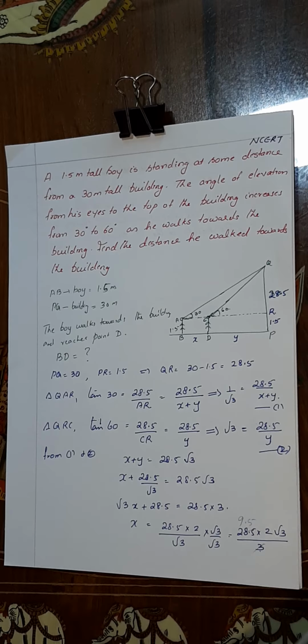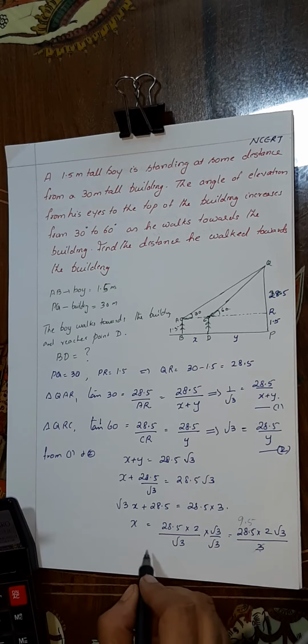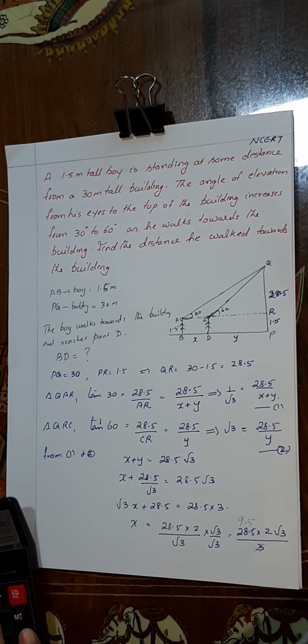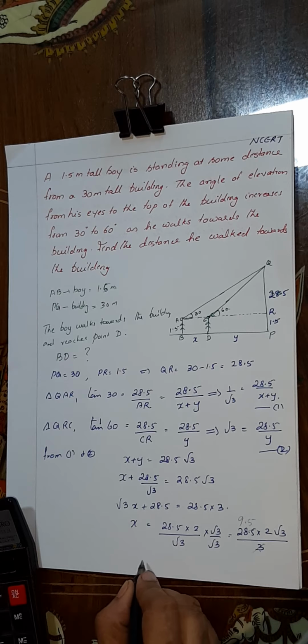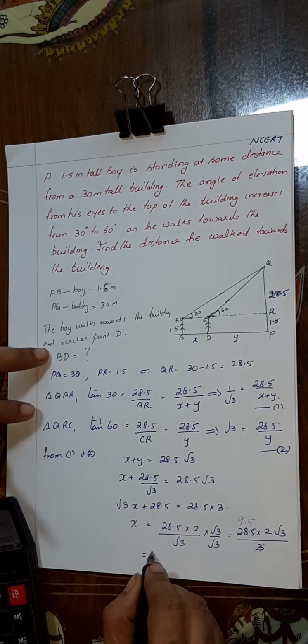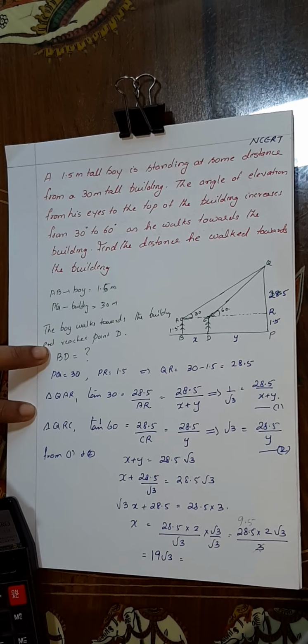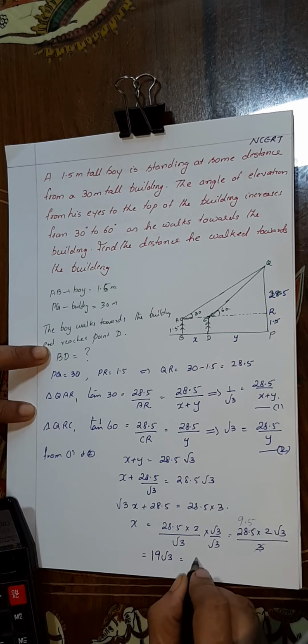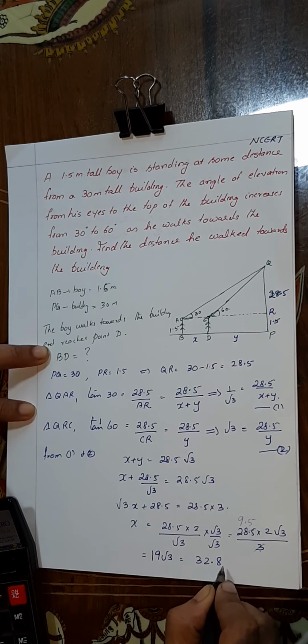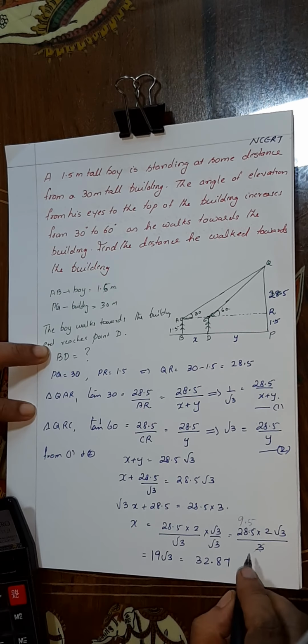So either you can leave it as 19 root 3, or you can multiply with 1.73. You will get 32.87 meters.